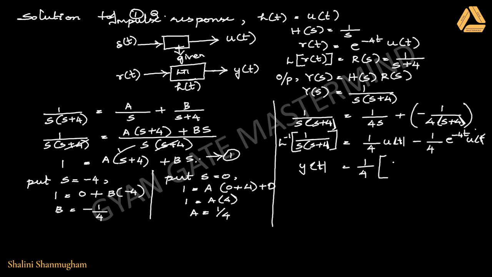So I am taking 1 by 4 outside: 1 by 4 into 1 minus e power minus 4t u of t. I'll write it clearly here. 1 by 4 is 0.25 into 1 minus e power minus 4t u of t. So this is the answer.